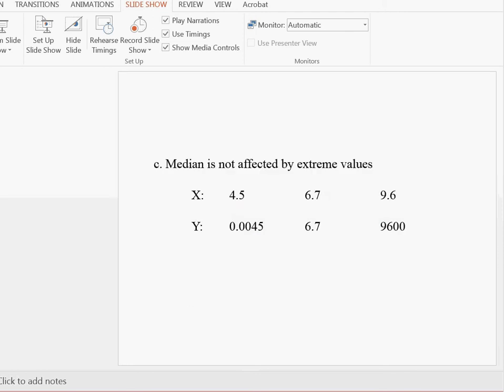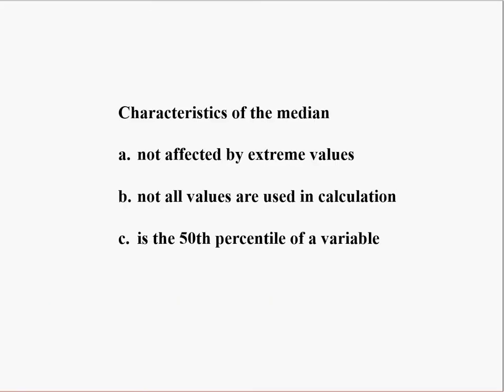Now let's see how the median is not affected by the extreme value. This is the data set here, and 6.7 is the median. If we introduce an extremely small value and an extremely large value, the median is still 6.7. It's not impacted by the extreme values in the data set.